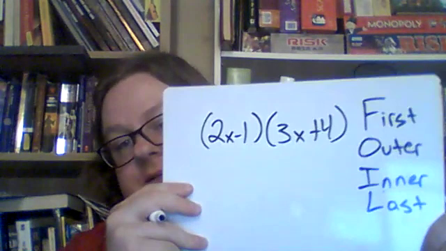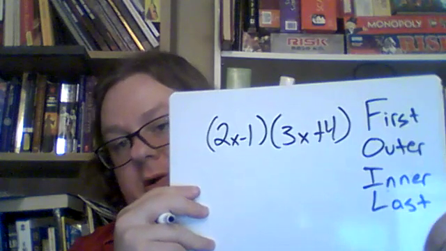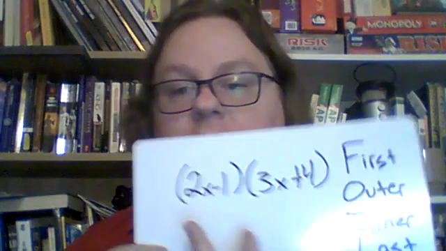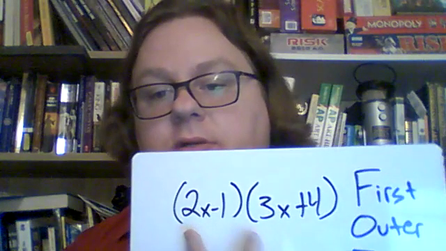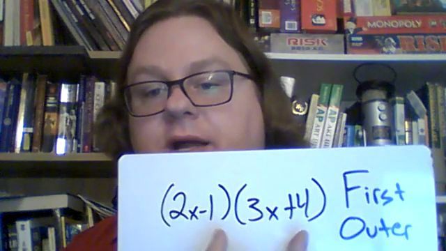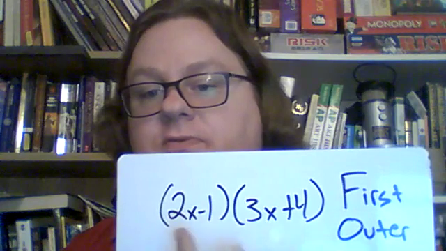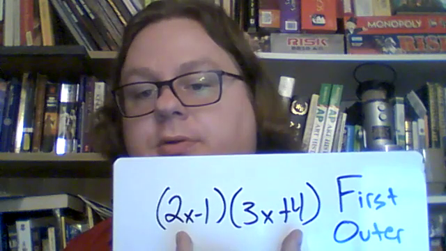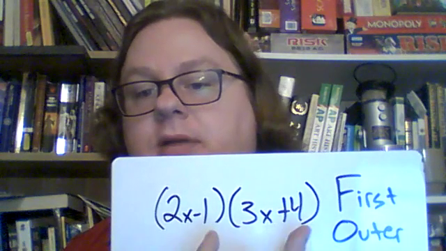FOIL stands for first, outer, inner, last. The first two terms, the outer two terms, the inner two terms, and the last two terms. First, outer, inner, last.